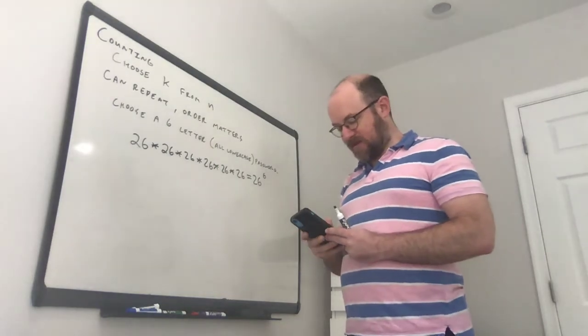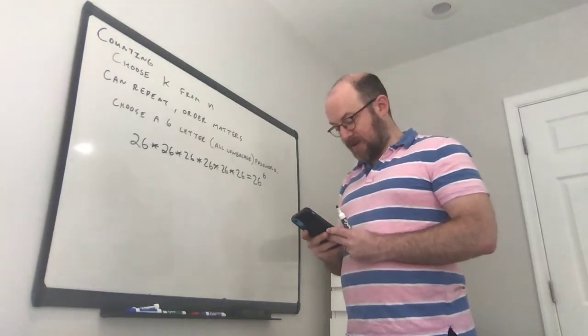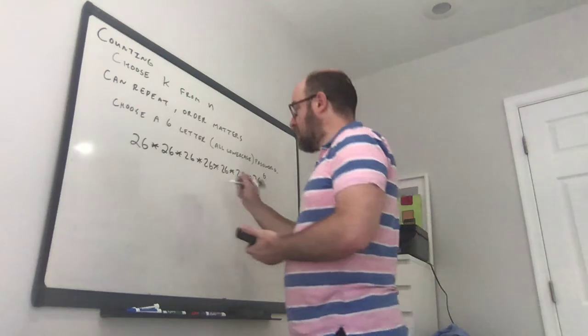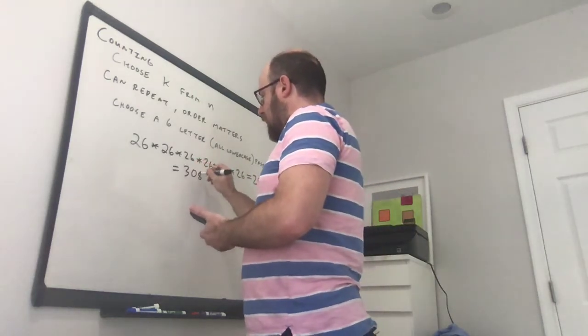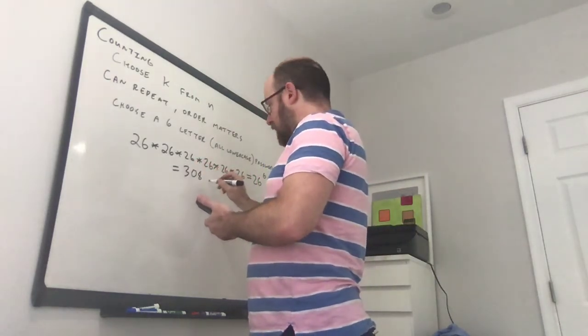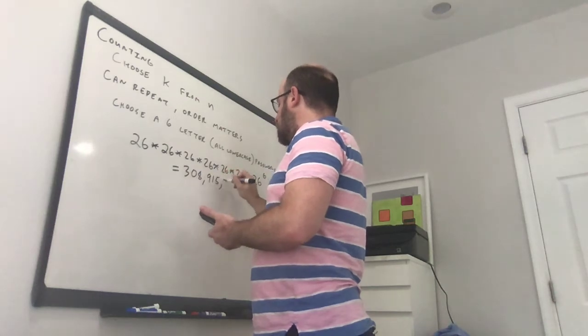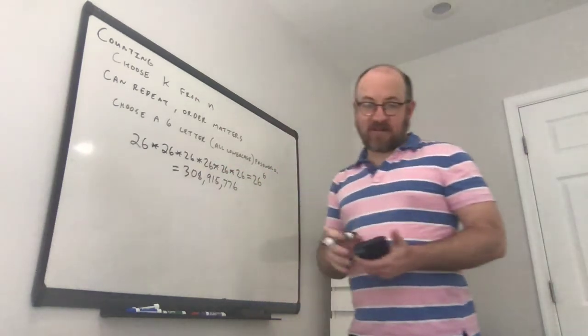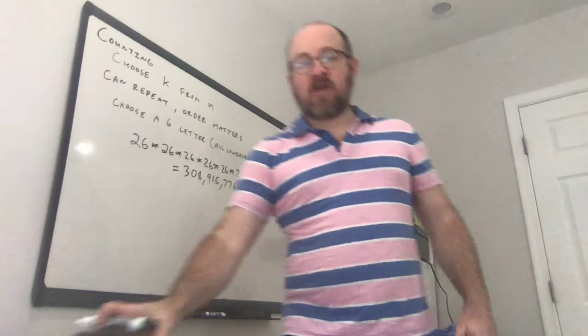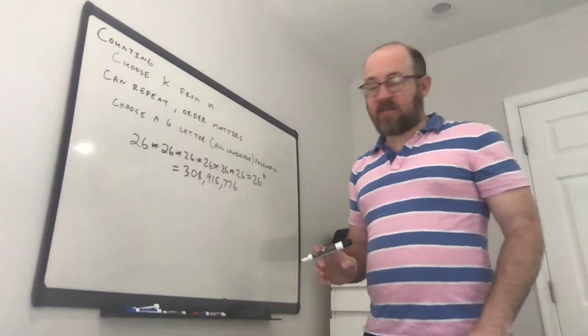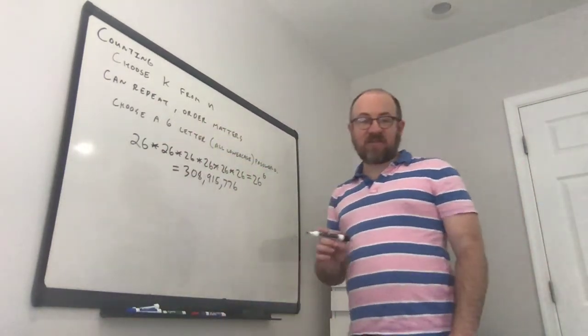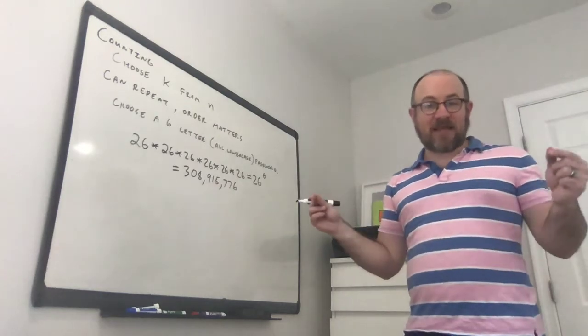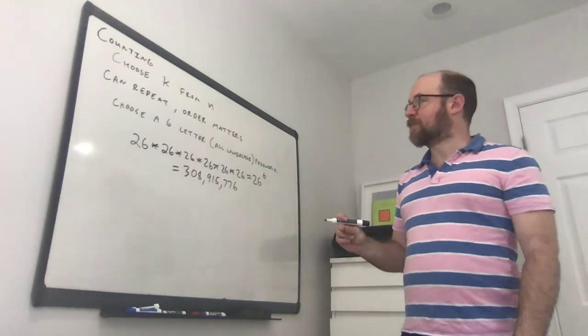Let's see, 26 to the 6th is 308,915,776. So we would have 308,915,776 different 6-letter passwords. Okay?